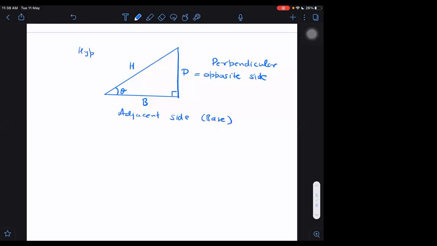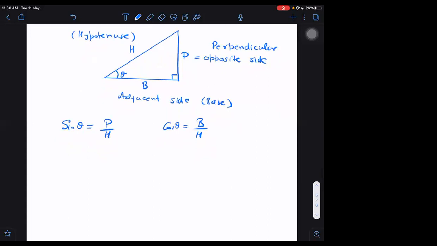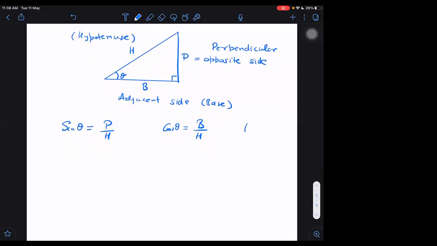H for hypotenuse. Now sin theta is equal to perpendicular upon hypotenuse. Cos theta equals base upon hypotenuse. Tan theta equals perpendicular upon base, which I can also write as sin theta upon cos theta.